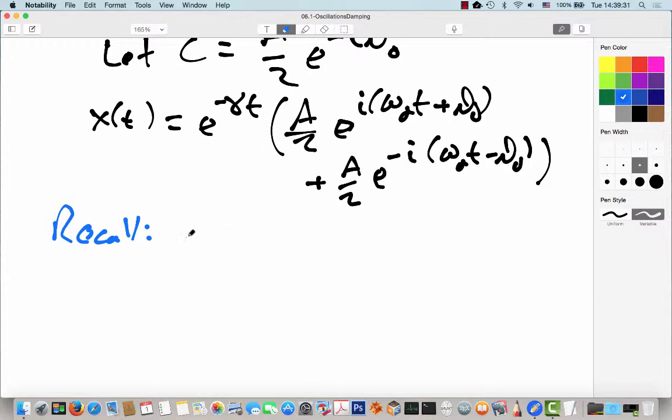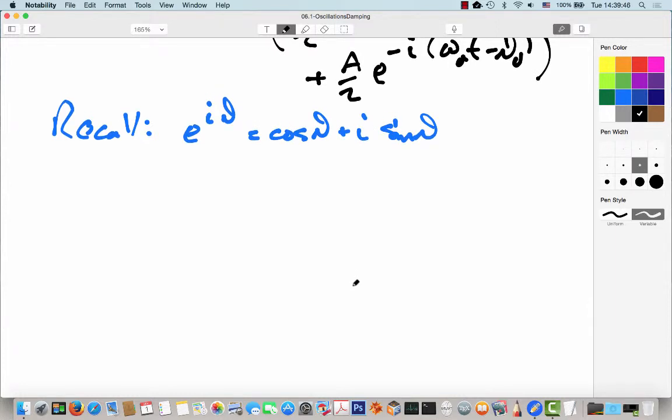Okay, so recall Euler's identity, e to the i theta equals cosine theta plus i sine theta. Awesome. All right, so then my x of t becomes a over 2 e to the minus gamma t, just pulling that out.